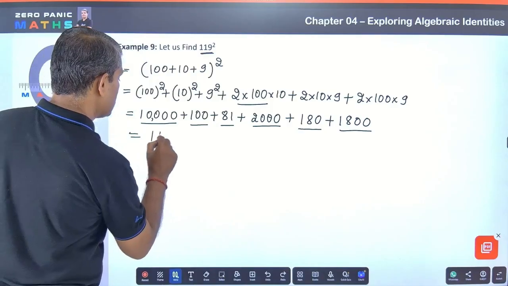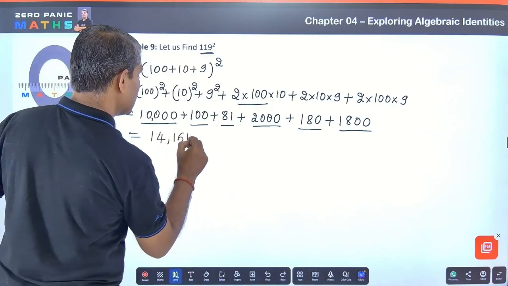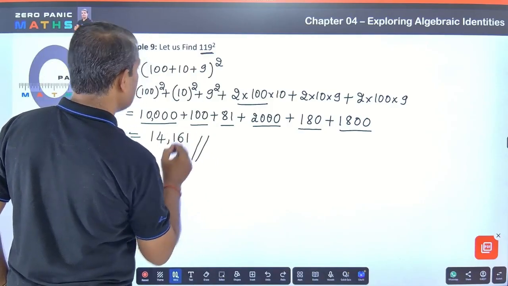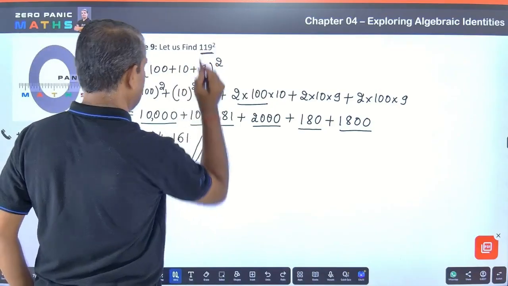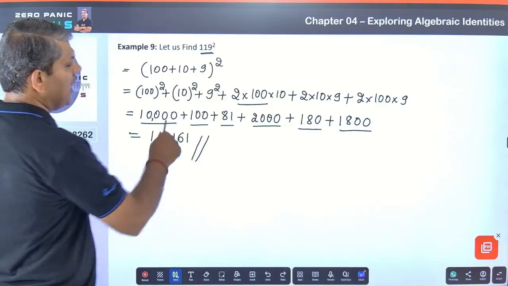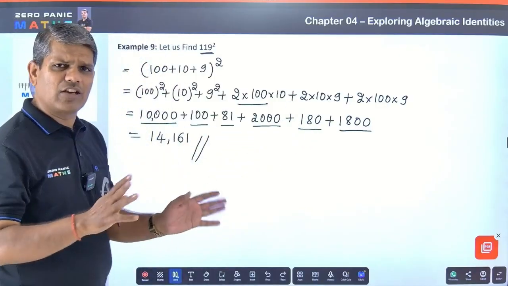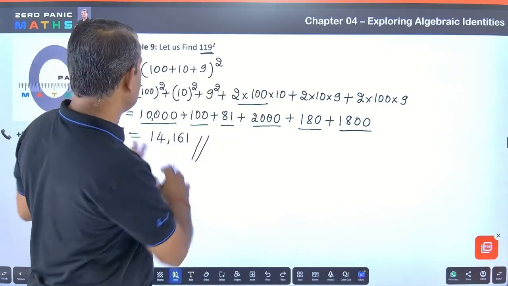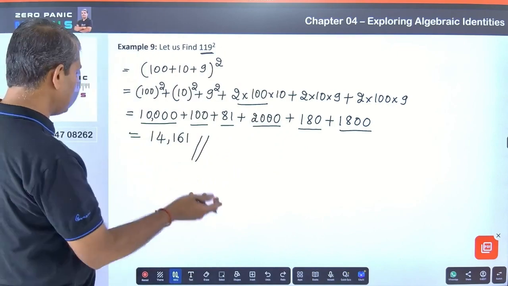It is 14,161, which is the square of 119. You can verify this and verify the sum also. If there are any calculation mistakes, you can just verify and make that correction.